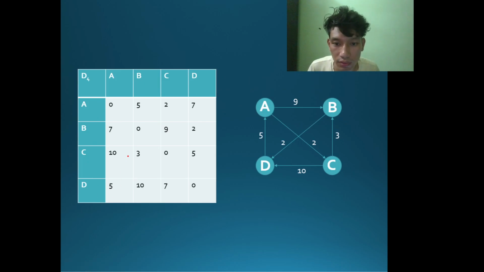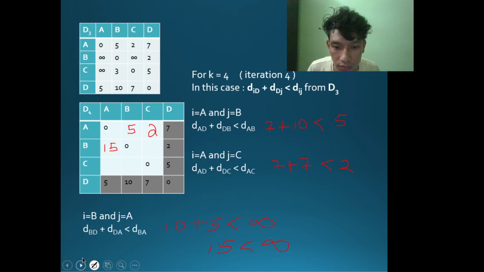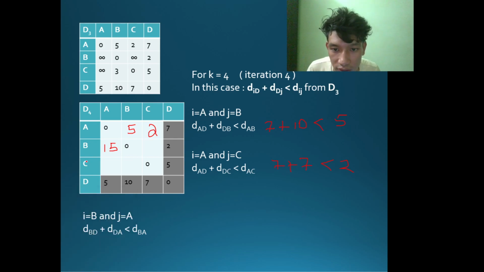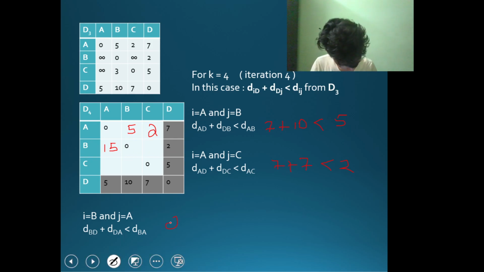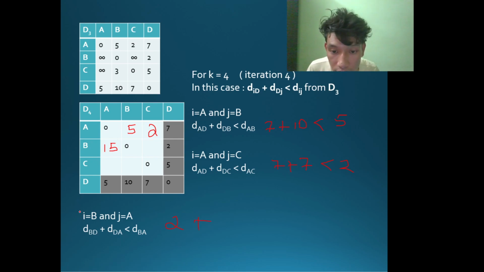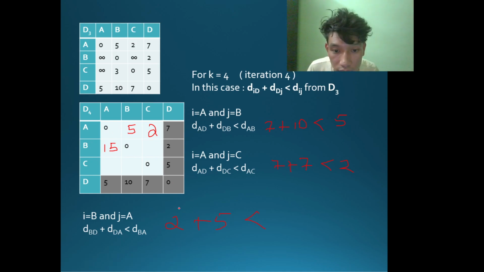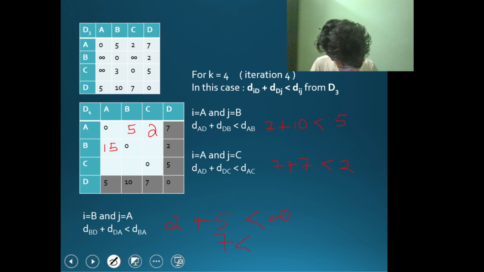Wait, let me recheck here again. d of bd is 2, d of da is 5, less than d of ba infinity, which is 7 less than infinity.